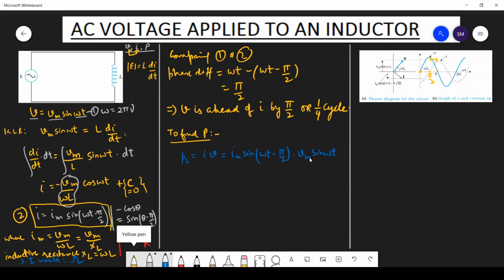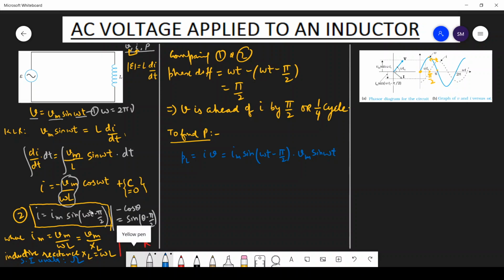So to deal with these two trigonometric values, I know the formula: sine theta minus pi by 2 is actually minus cos theta.